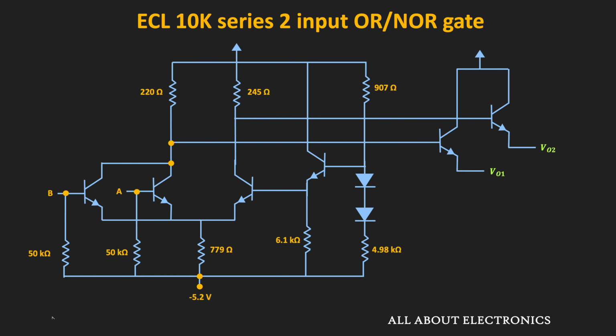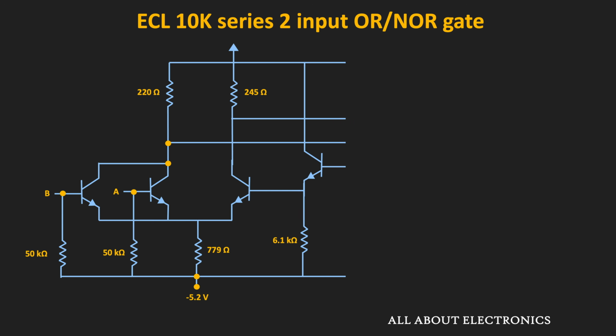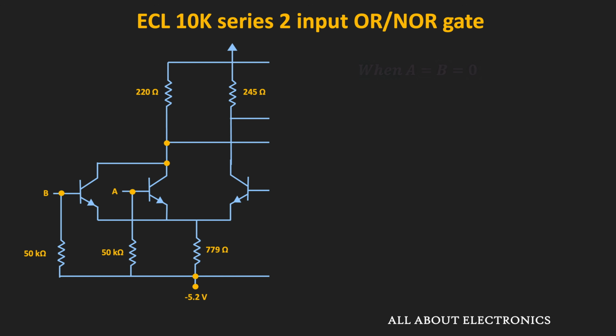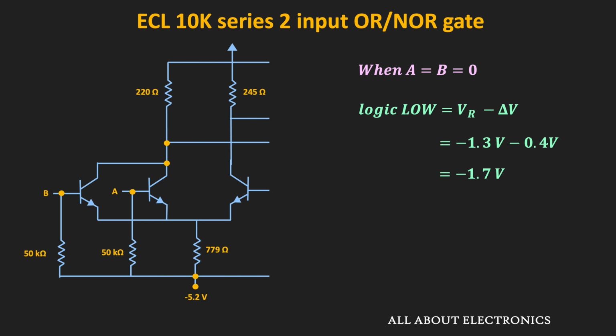Now let us see, when both A and B inputs are logic low, how the circuit will behave and what outputs we are getting. Earlier we have seen that the logic low voltage is 0.4 below the reference voltage. So that is around minus 1.7 volt. And similarly, the logic high is 0.4 volt above the reference voltage. So that is around minus 0.9 volt.